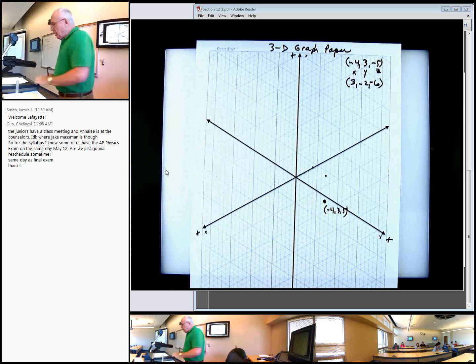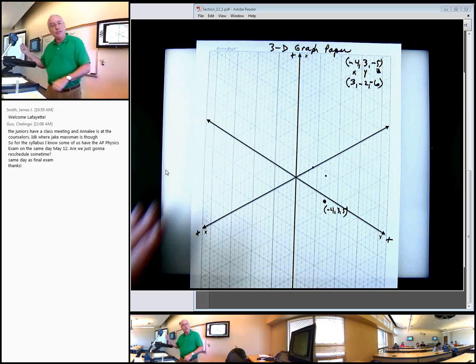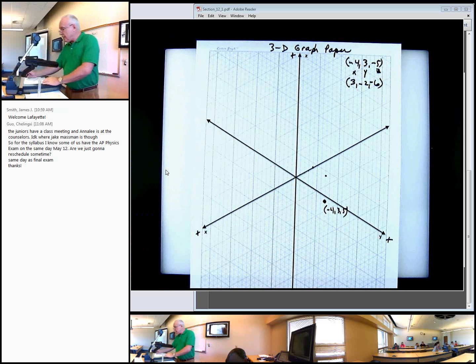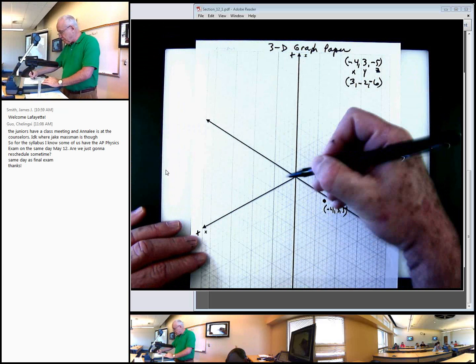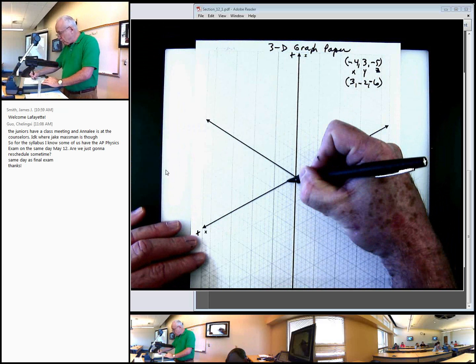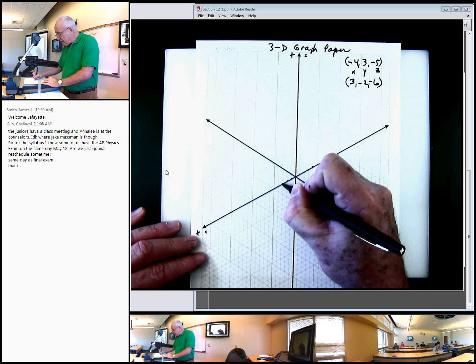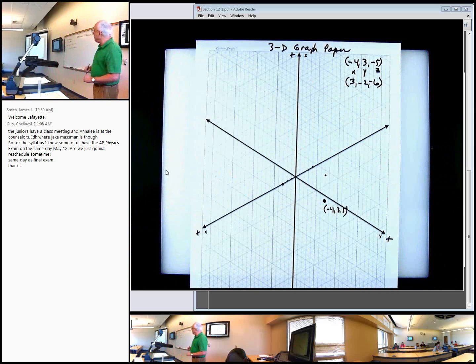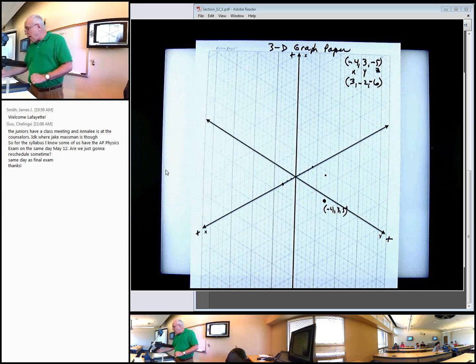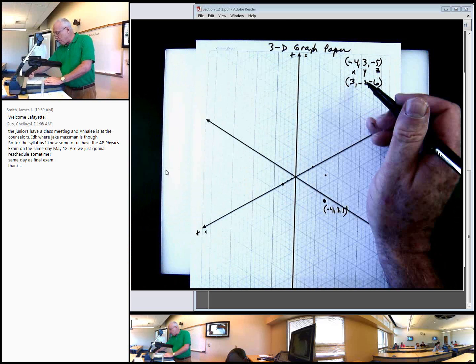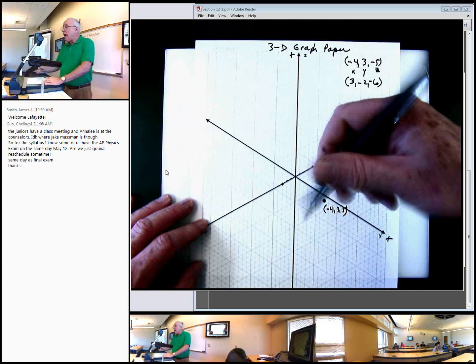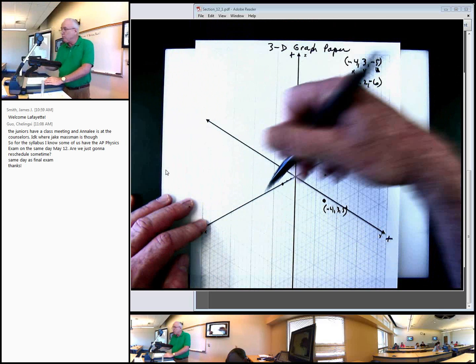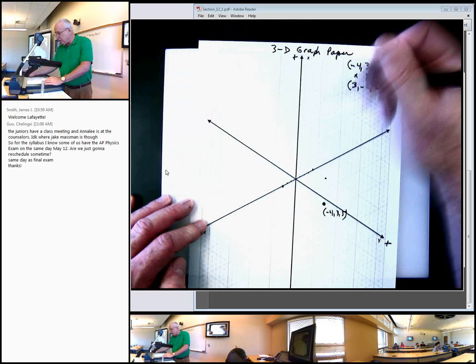Let's just start with our X. Our X is a +3, so I'm going to go in the positive direction from the origin, 1, 2, and 3. That gives me that point there. And then my y is negative 2. My y is this diagonal direction, so I need to move in the negative direction, which is up in this direction, 2 units.